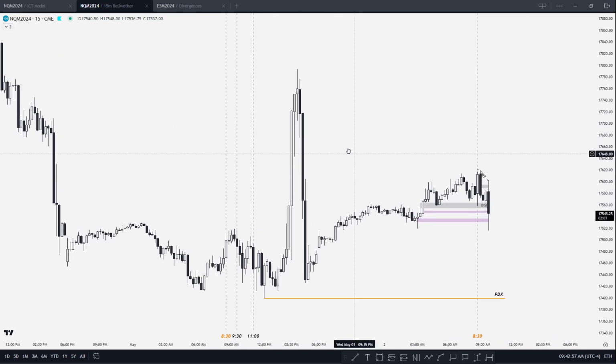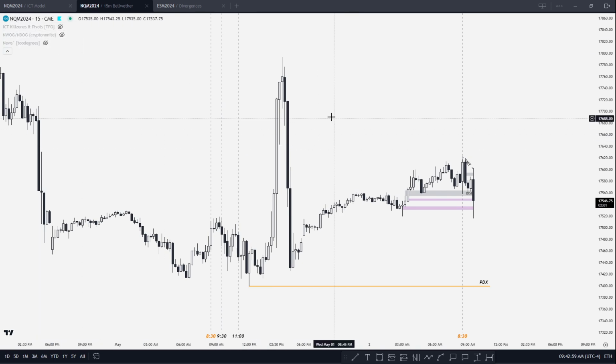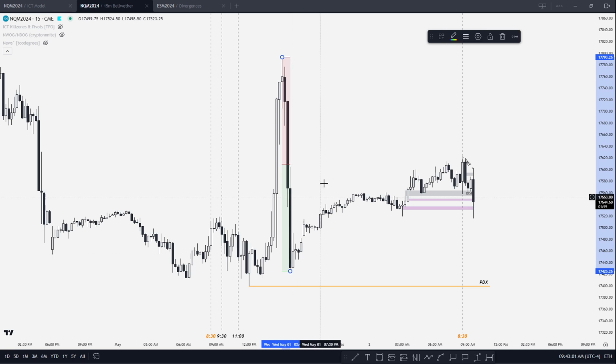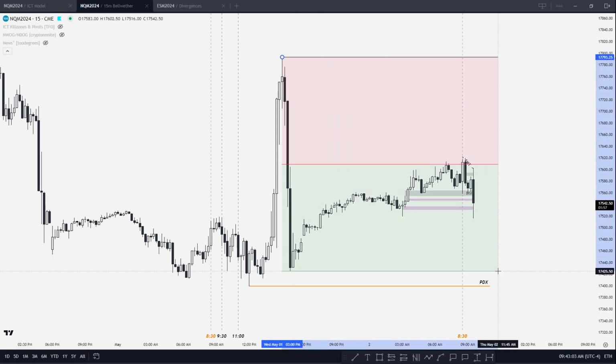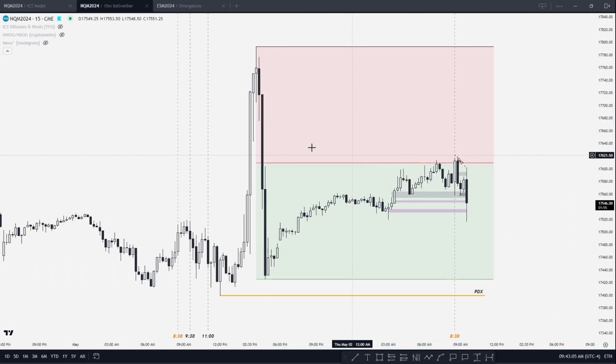So if we take our most recent dealing range between our low and high and extend that out, now we have our premium and discount levels. And you can see right up here, we have a premium inefficiency. So what do we know about the profiles that we normally look for in the morning in terms of liquidity? Well, normally we want to go from ERL to IRL or IRL to ERL.